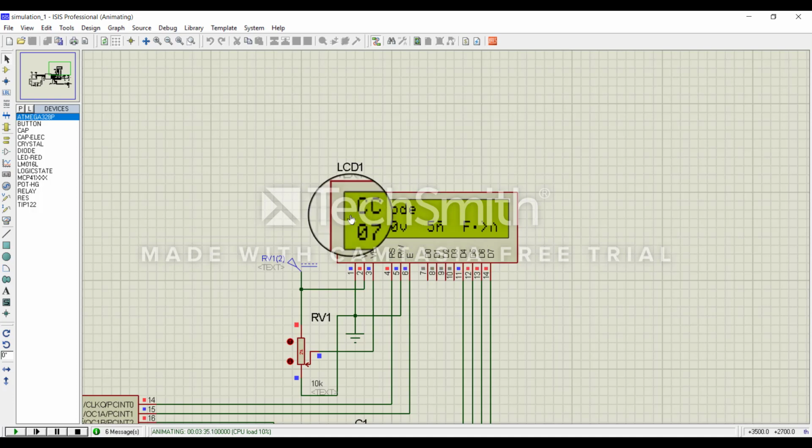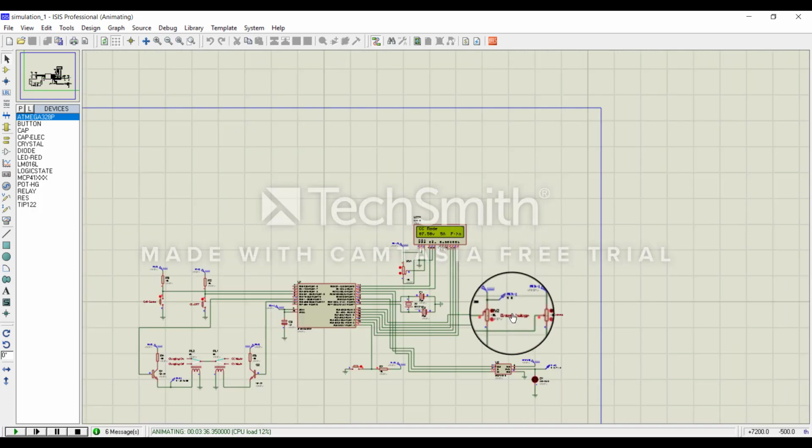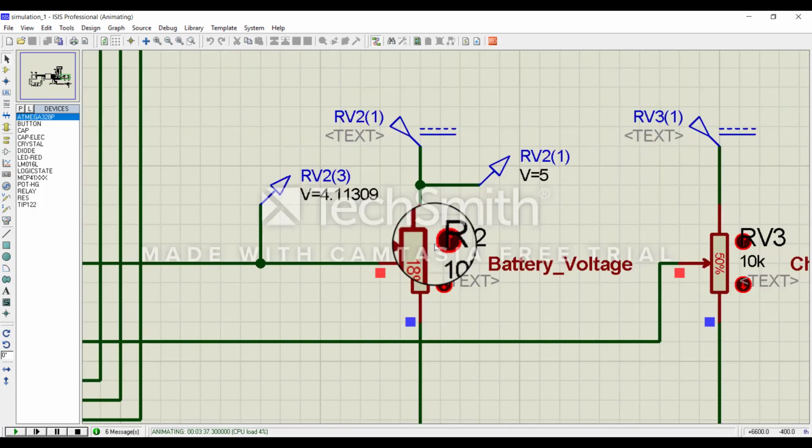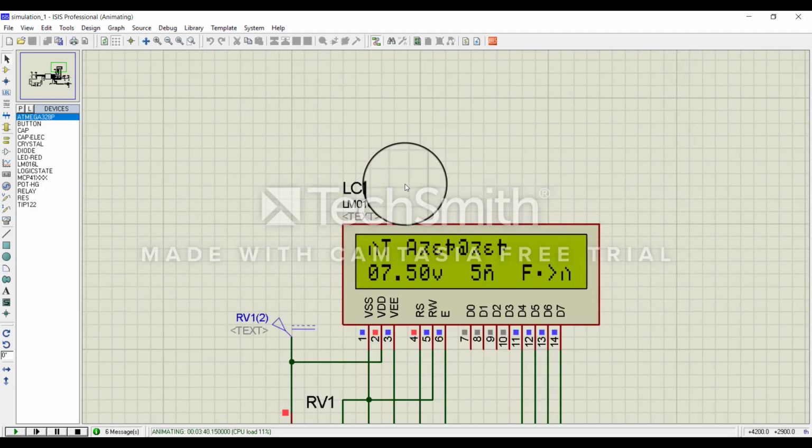It has now reached 7.5 volt. We will further increase the voltage to a somewhat higher level.